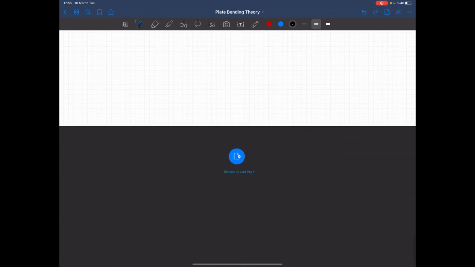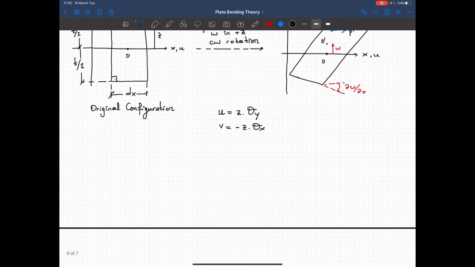Now I can define the engineering strains. Strain definition.